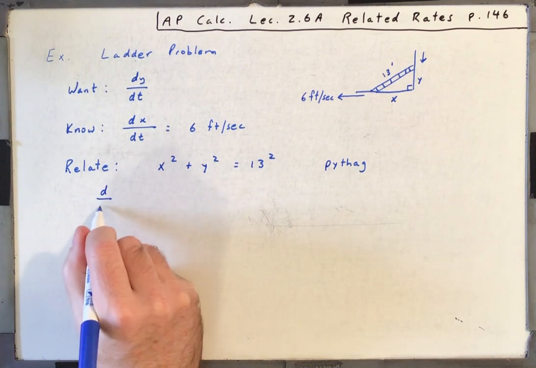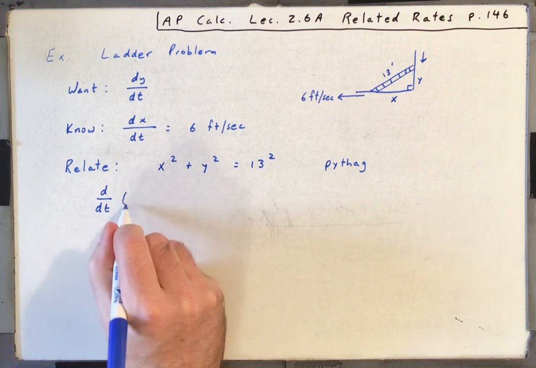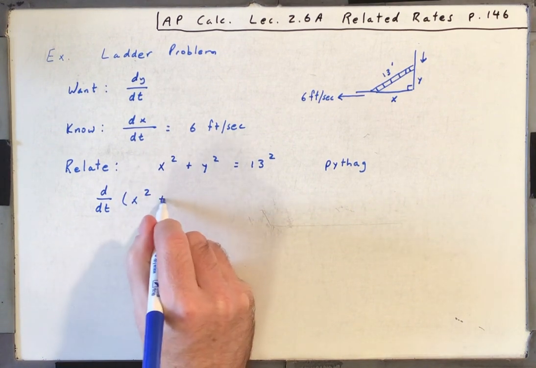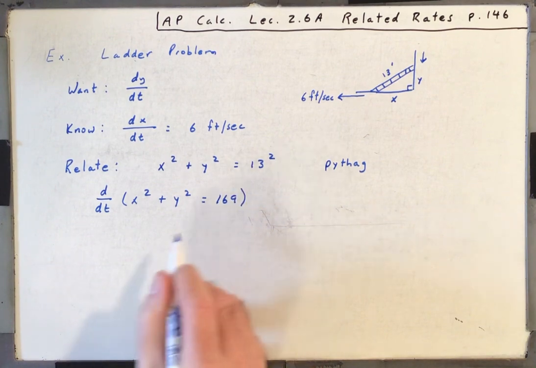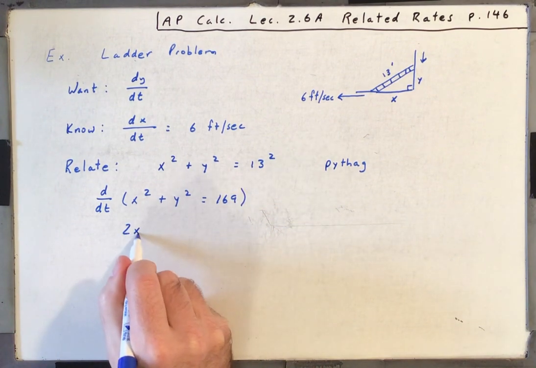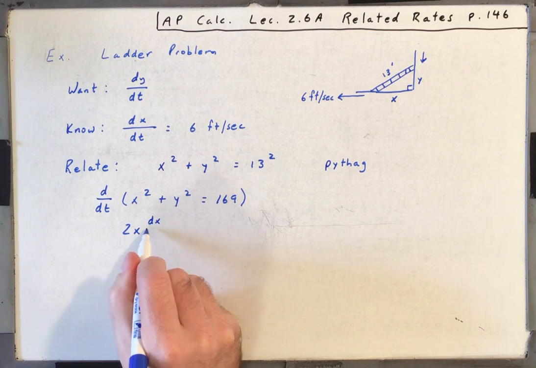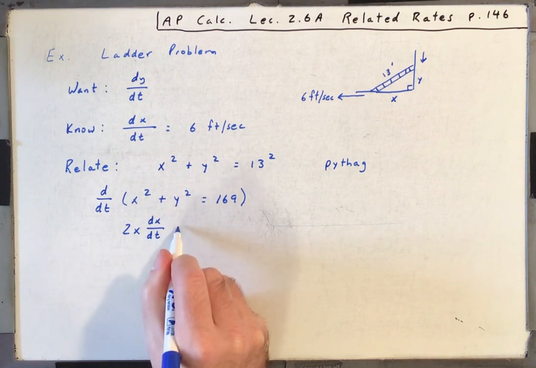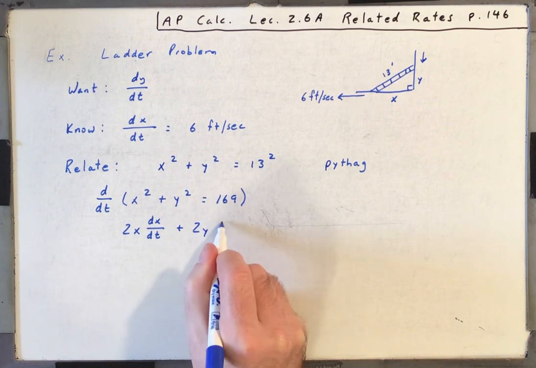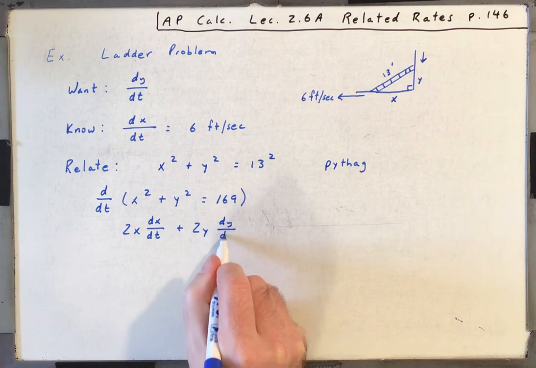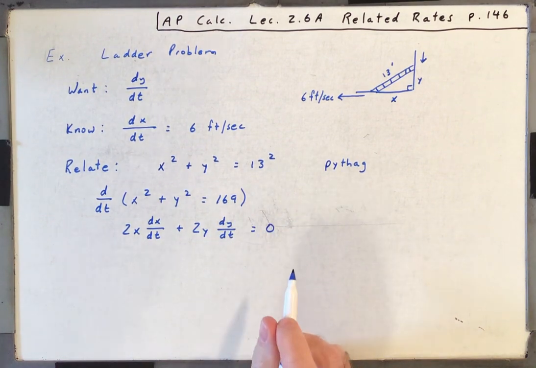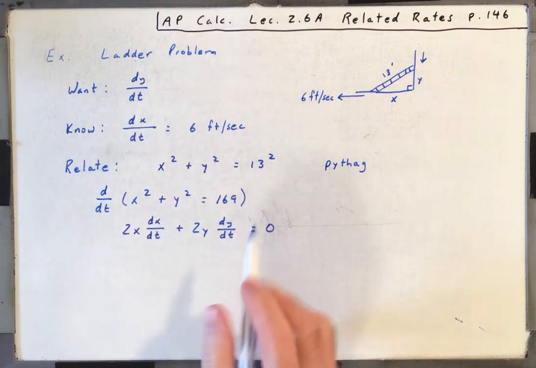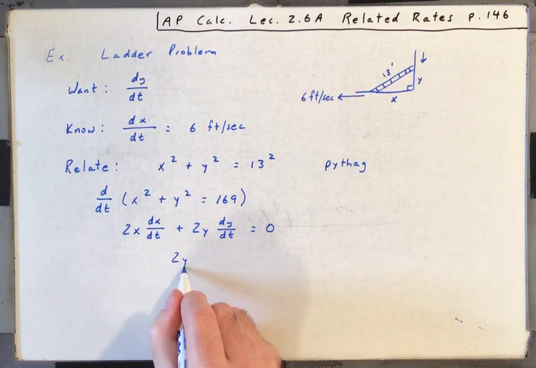Now I'm going to differentiate that equation with respect to time. So that would be 2x dx/dt plus 2y dy/dt equals the derivative of 169, which is 0. We want dy/dt, so let's solve for that.